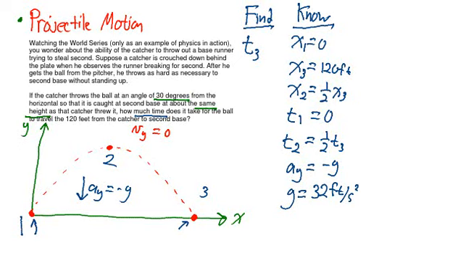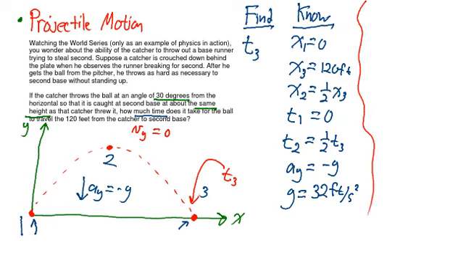Ultimately we want to find the time that it takes for the catcher to catch the ball, and that's going to be the value of T3 at the end of this. It's going to be quite hard to find that to begin with.